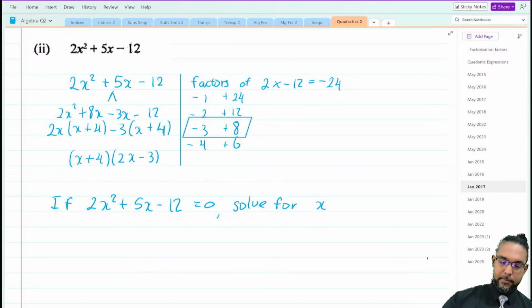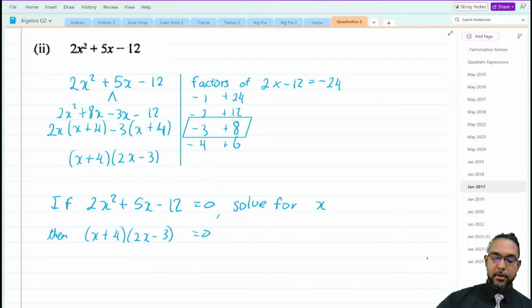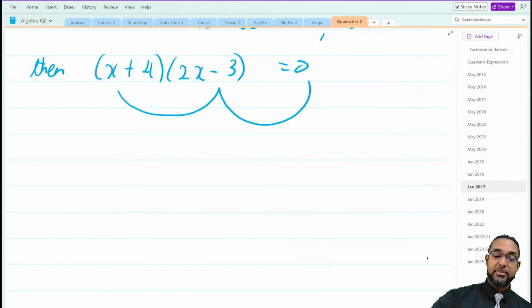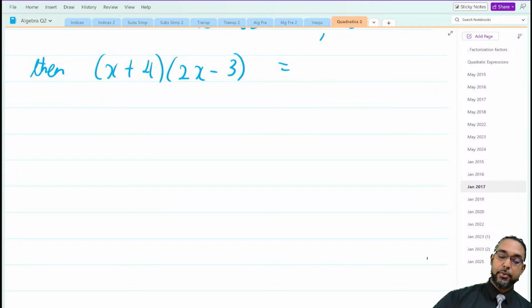Yeah, all right, cool. So if that is equal to 0, then x plus 4 times 2x minus 3 is 0. Again, we have a statement saying that the product of two factors is 0. When you multiply these two things, you get 0. The only condition is that one of your factors has to be 0.